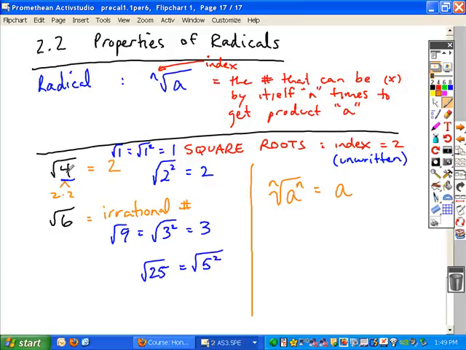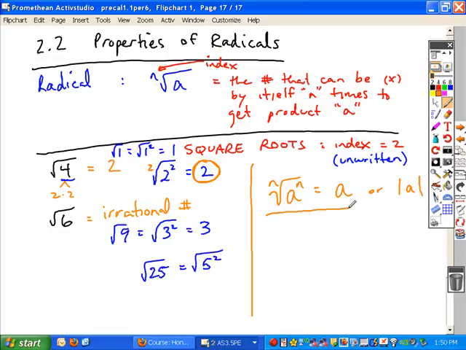Again, if you think of 4 as being 2 squared, with an unwritten 2 as the index, and the index and power are the same, all you do is remove the radical, and the base is your simplified form. We'll talk either a little later today or next class about how you also need to consider that it might be the absolute value of a, and we'll go through that in detail.